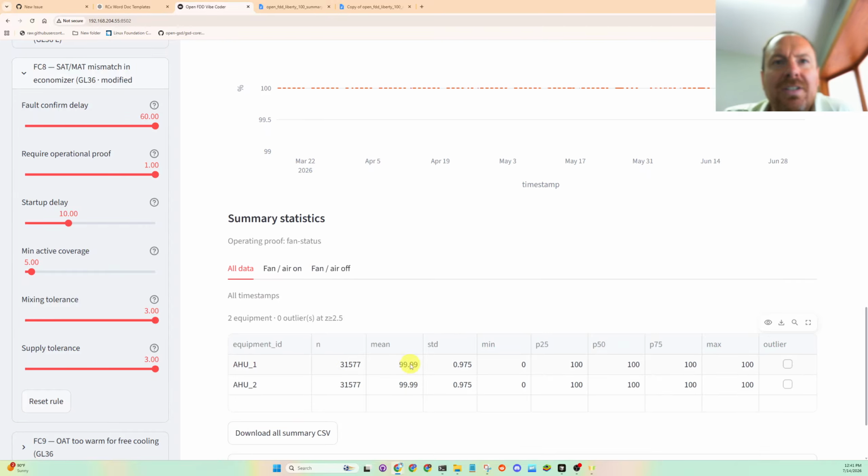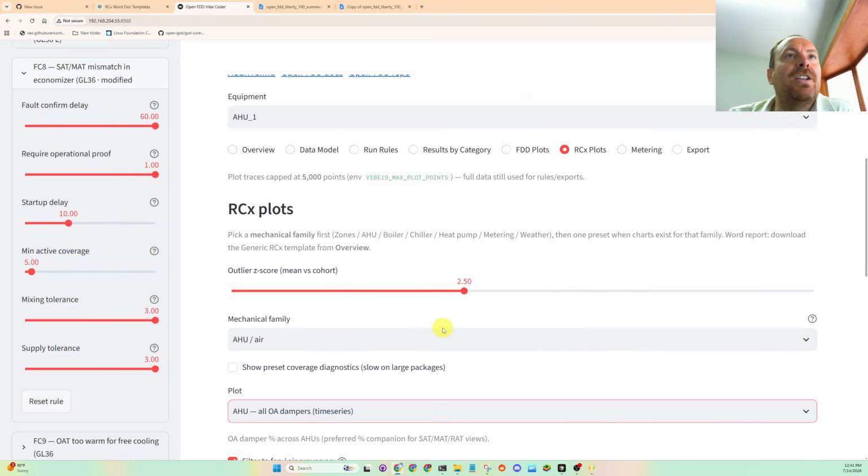Even the summary statistics, like the mean and standard deviation, are very unusual. Stuff like this screws up the fault algorithms too, because the fault algorithms expect to see the percent of the damper or output change.